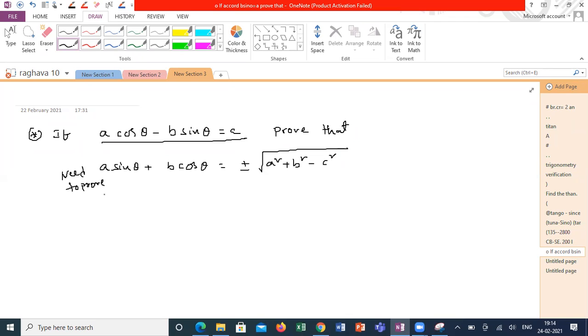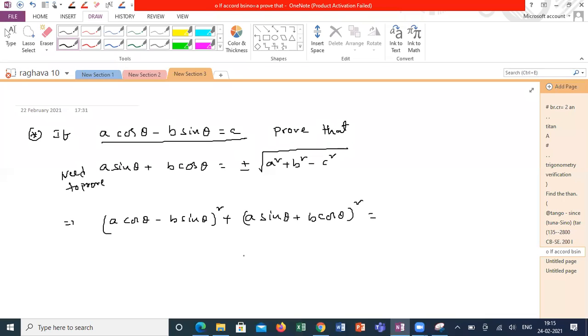The hint was just add A cos theta minus B sin theta whole square plus A sin theta plus B cos theta whole square.